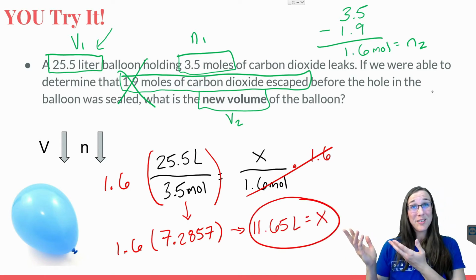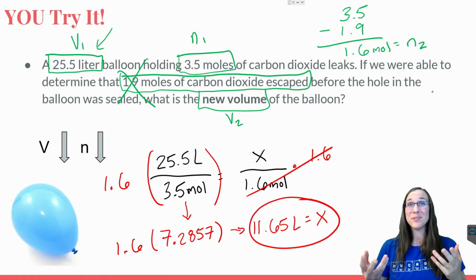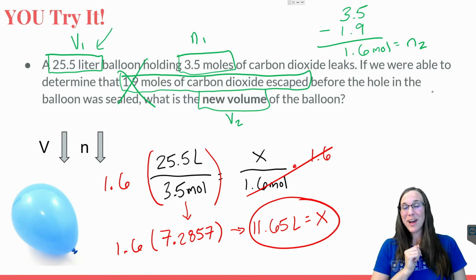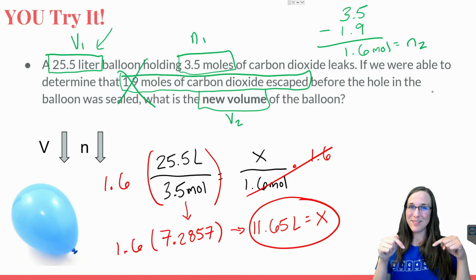So you should have found a value of 11.65 liters as your new V2. 11.65 is in fact less than 25.5, so we know we did our math correct in that the moles went down and so did the volume.